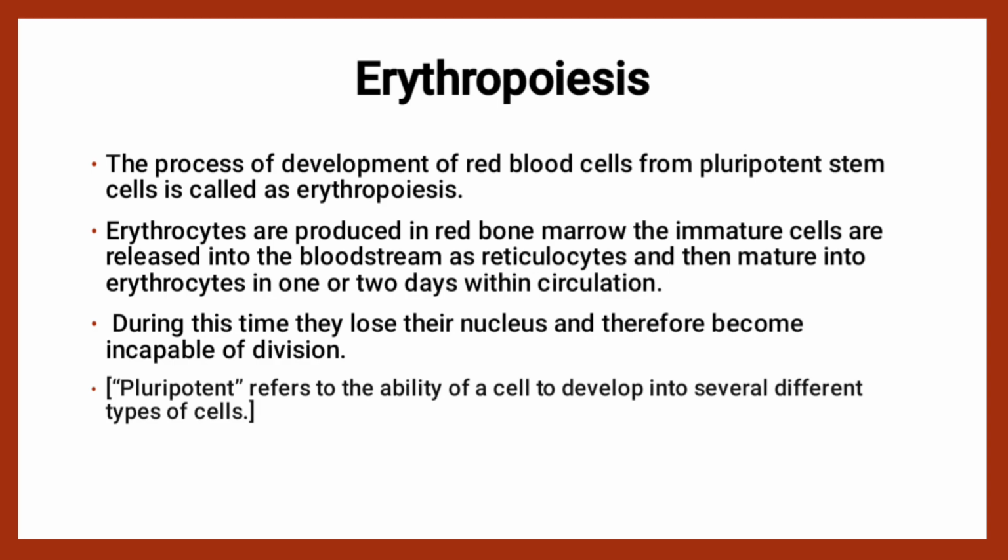Pluripotent refers to the ability of cells to develop into several different types of cells. So what you understand from this slide: erythropoiesis is the process of development of red blood cells, basically formed in red bone marrow, and initially circulated in the blood as reticulocytes.